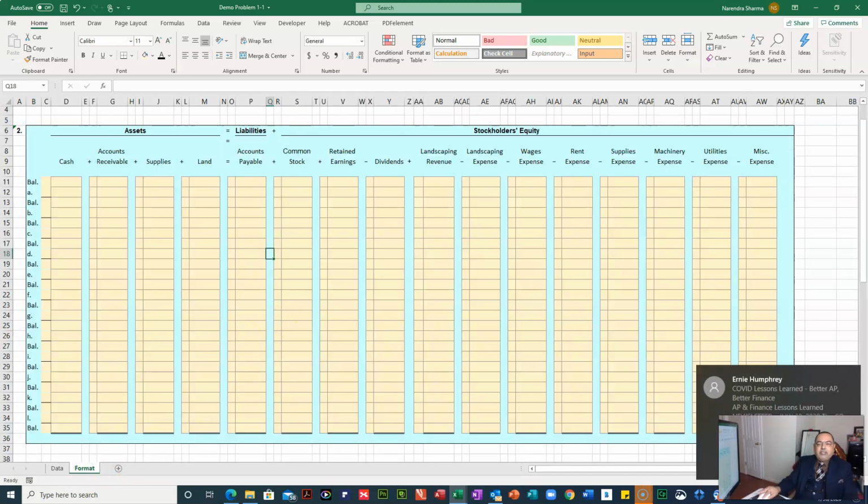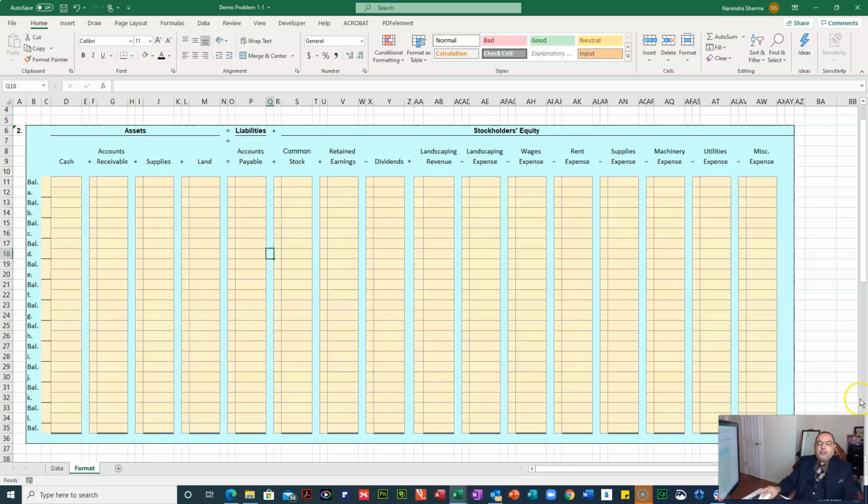Now in the balances, as you can see, cash is 18,000, so I'm going to put that, and accounts receivable is 37,200.